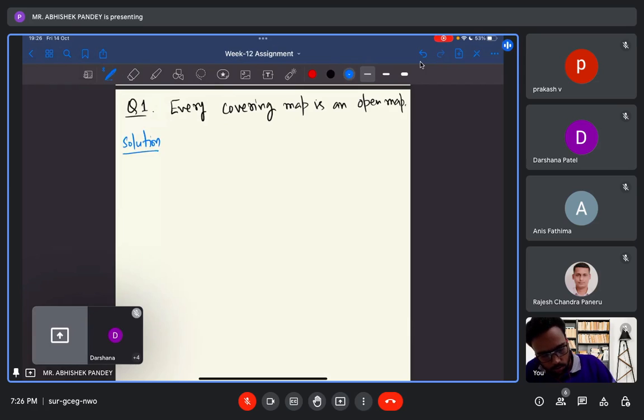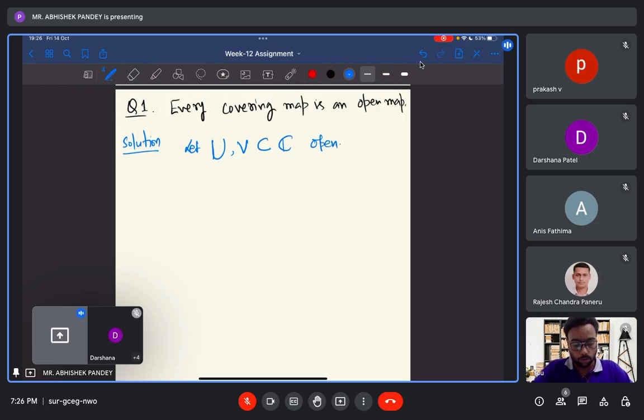Okay. So let U, V be open subsets of C, and p says that U to V is a covering map.